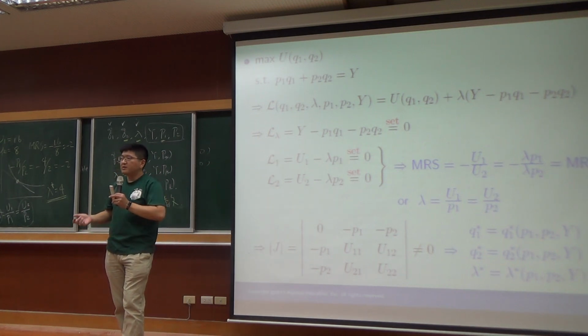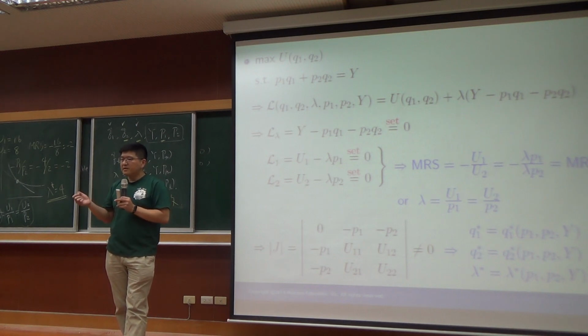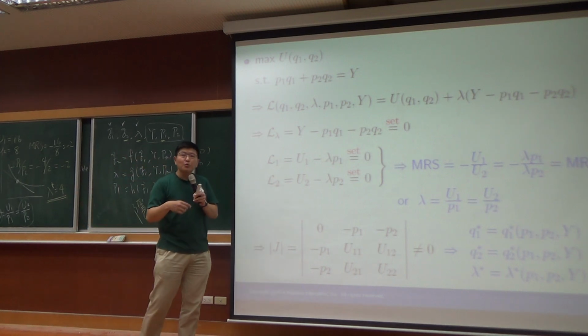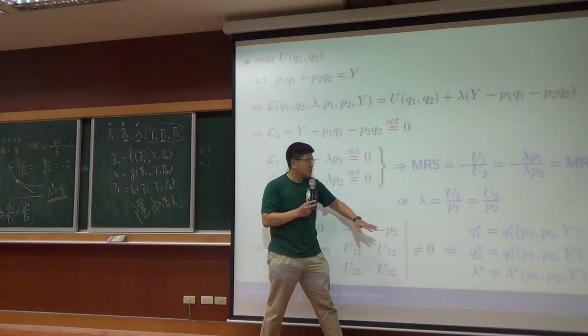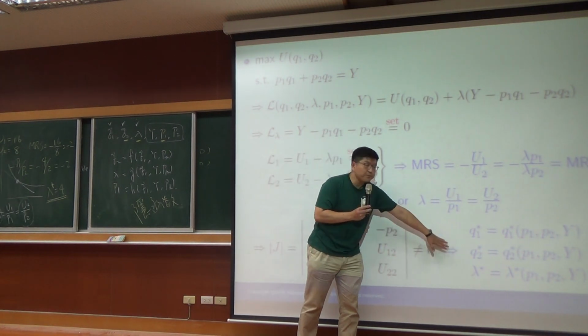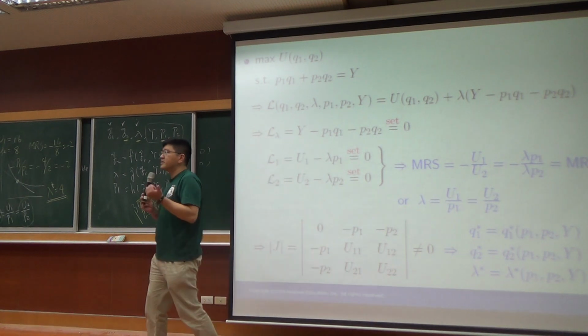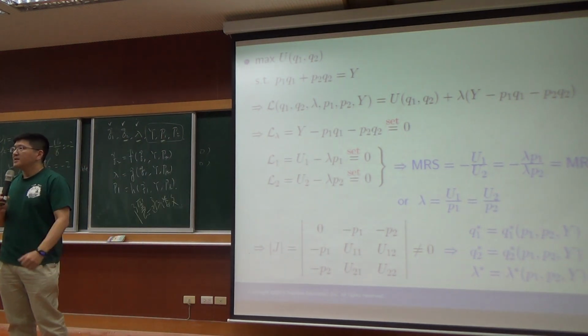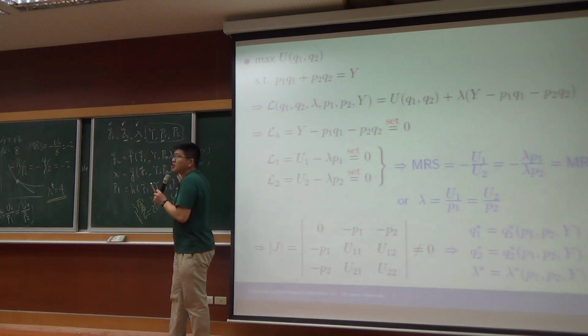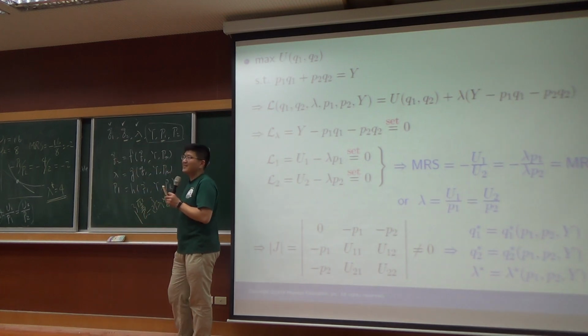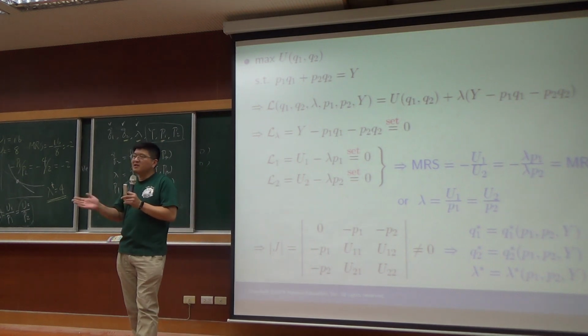So whenever we have a combination of the market prices of good 1 and good 2 and our income, we may compute the optimal values to consume. So this makes economic sense. But the other just makes mathematical sense. Okay? So that's one difference between economics and mathematics.